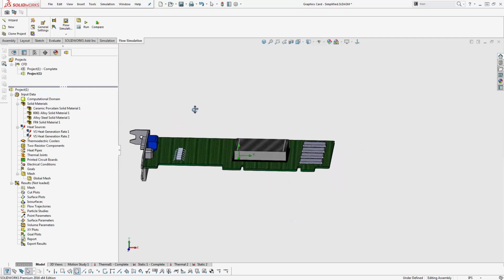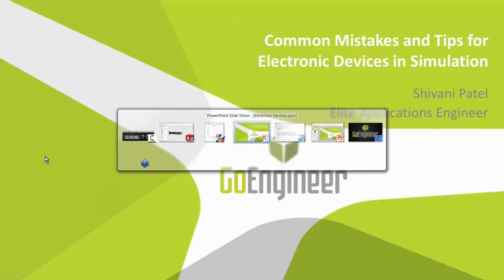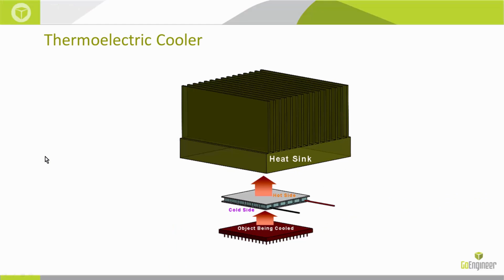Alright, we're going to take a small aside and talk about these handful of tools here. These ones are only available in CFD's electronics cooling package. Since I don't need them in this component, I'm still going to talk about them. Let's start with the thermoelectric cooler. So the thermoelectric cooler is us representing this piece in the middle.